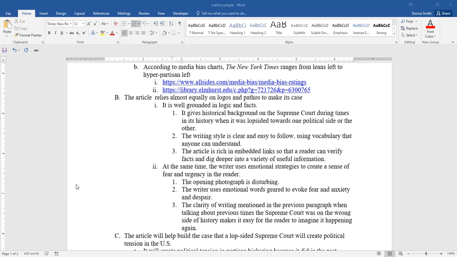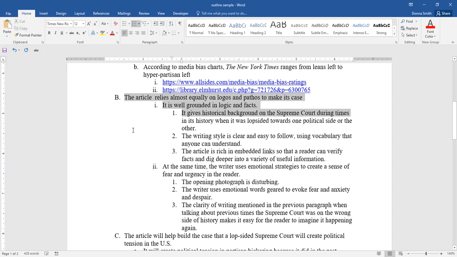The purpose of this video is to take us through the second part of the reader response, and that's the part where you analyze the article and decide whether it is persuading using logic, using emotion, or using an appeal to expertise.